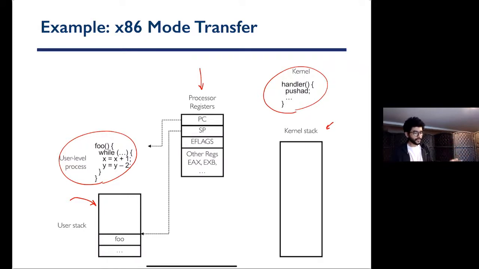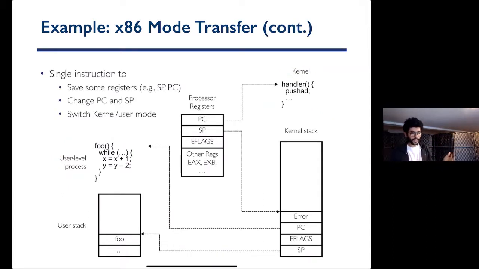Now, when we're running this user mode process, PC is pointing to somewhere in the foo function, let's say. And the stack pointer is pointing to the top of the user stack. As you can see, on top of the stack I have foo, and a bunch of other things which I have pushed. Now, let's say an interrupt happens.